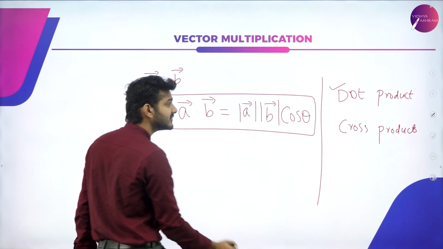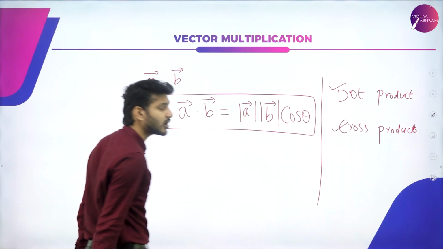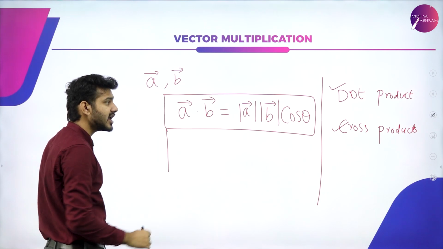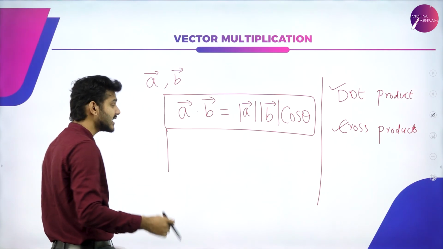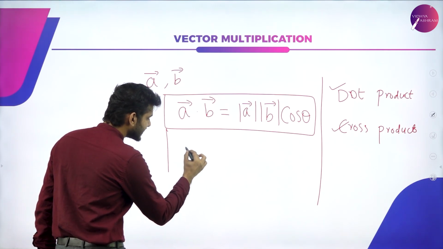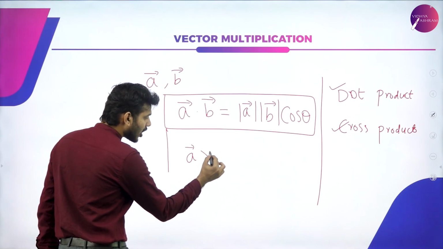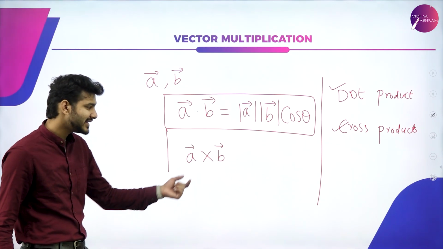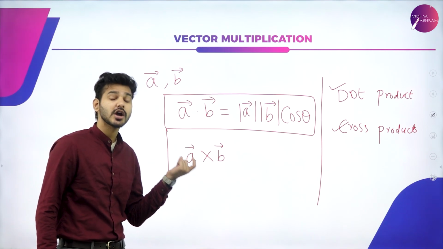And just like this, we can define cross products also. Take two vectors, vector A and vector B, and the angle between them is theta. Then vector A cross vector B. This is not the into sign, this is known as cross.